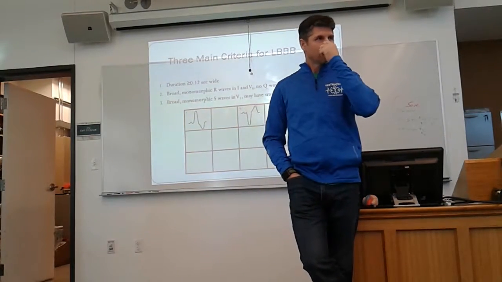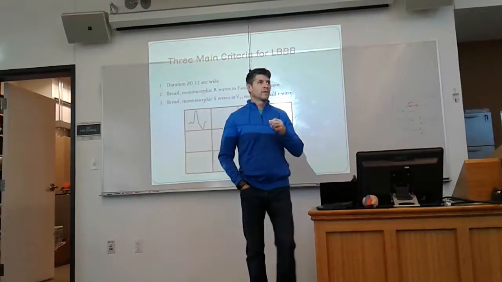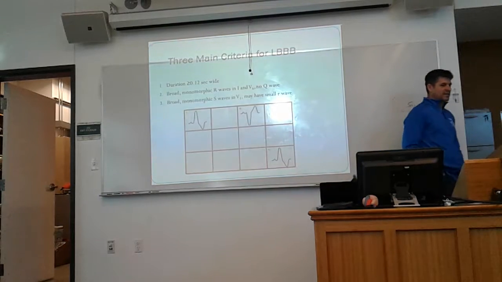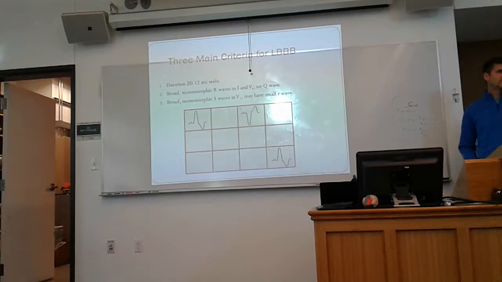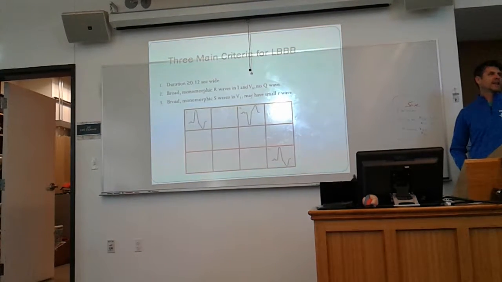Do these usually have crazy amplitudes in the precordial leads? Yes, you might see all kinds of weird amplitude changes. And why is that? Because you have more average electrical activity happening than what should be happening.